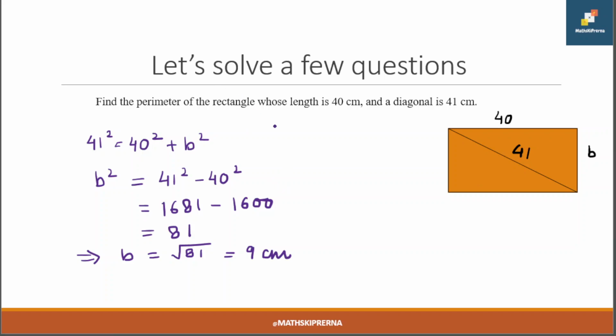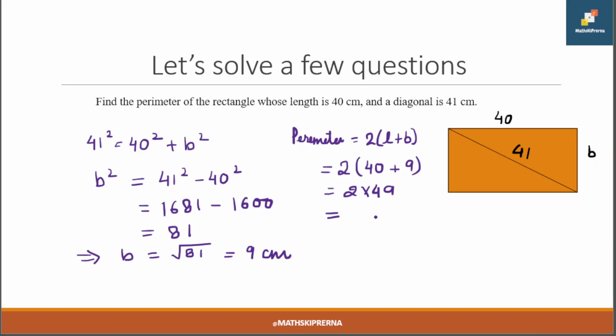Now, how do we find the perimeter? So perimeter is 2 times (L plus B) for the rectangle. We already know the length, which is 40, and we have just found out the breadth, which is 9, so it is 2 into 49, which is 98 centimeter.